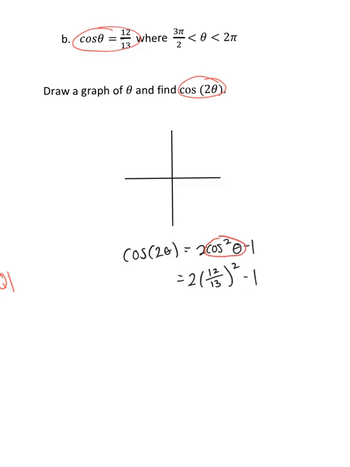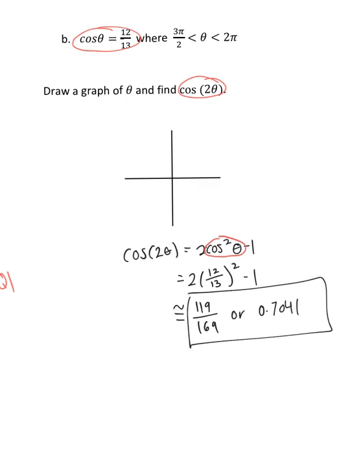Like that. You type it in your calculator, and you're going to get 119/169, or as a decimal, you might get this. So either one of those answers is fine. So if you are working smarter, not harder, you can find the formula that is simple to just kind of plug and chug with.